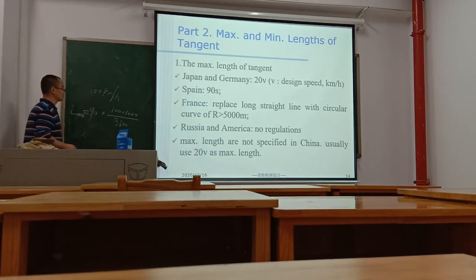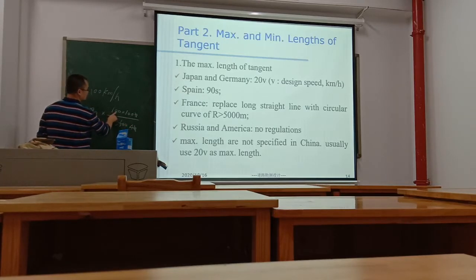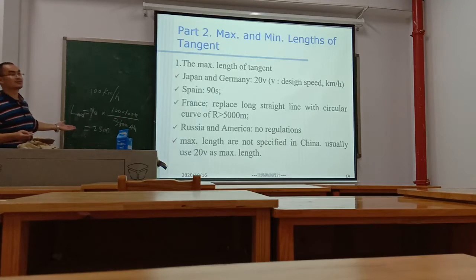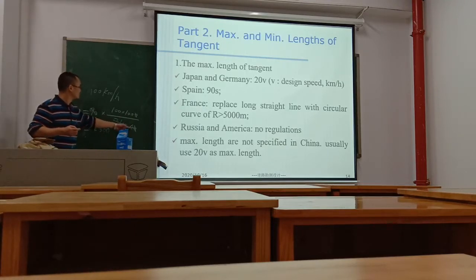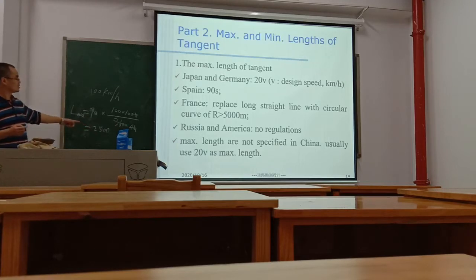Maximum. So 10,000 divided by 4 is 2,500 meters.